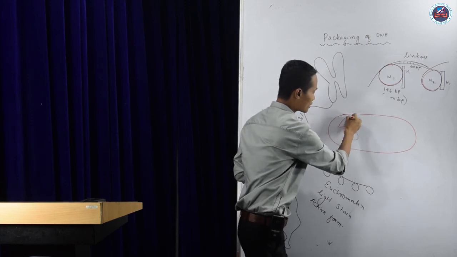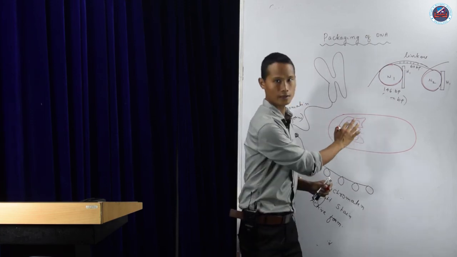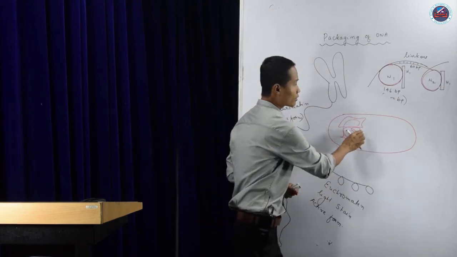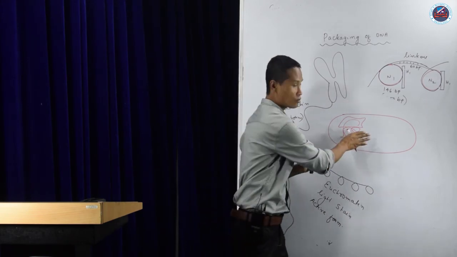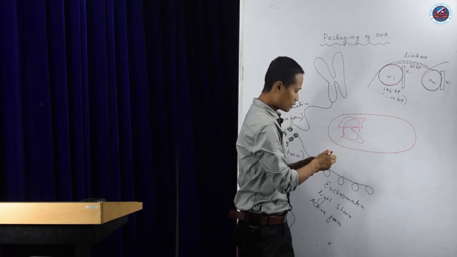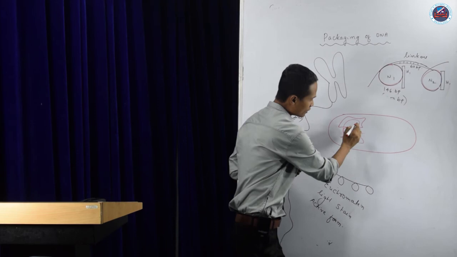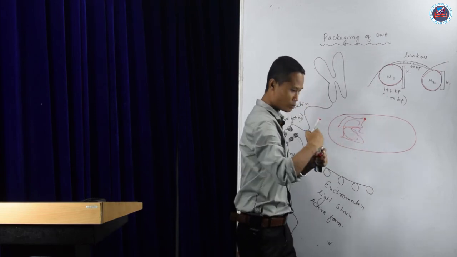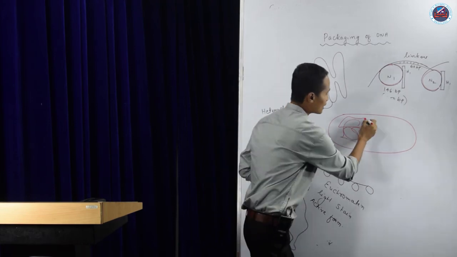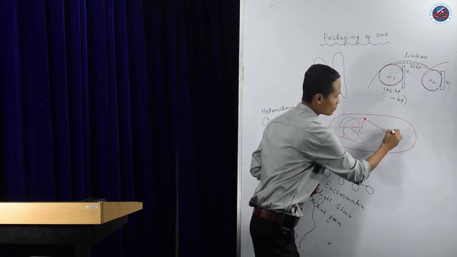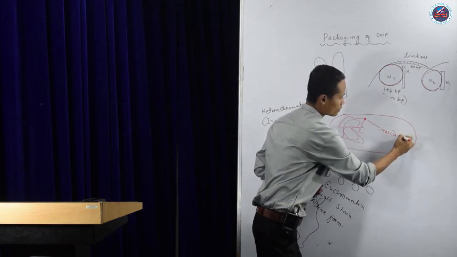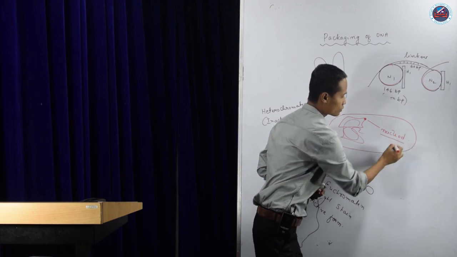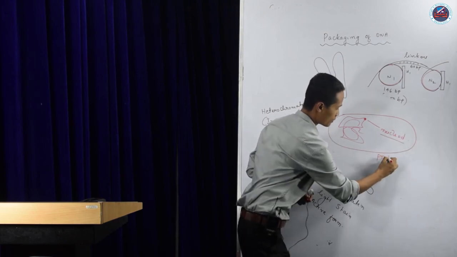Their genetic material, their DNA, doesn't have any histone molecules, but their DNA is also wrapped with some proteins, and we call that the nucleoid in prokaryotes.